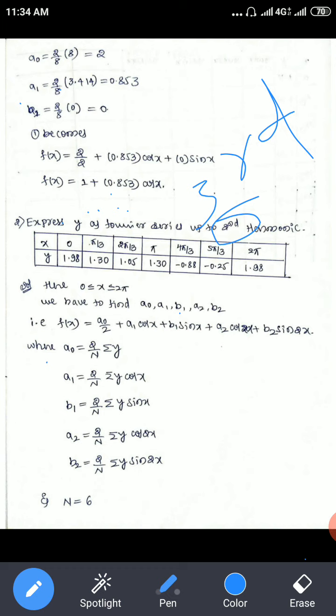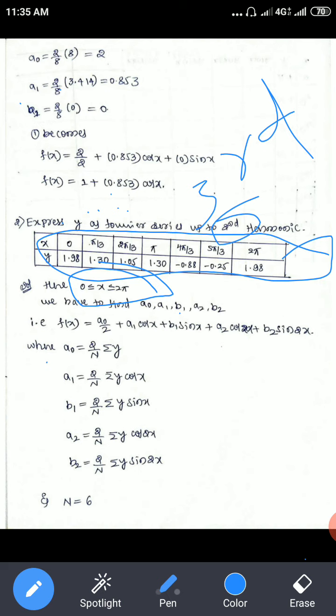The values are 1.98, 1.30, 1.05, 1.30, minus 0.88, minus 0.25, 1.98. This is the respective value they have given you. It is ranging from 0 to 2 pi. Always either 0 to 2 pi or 0 to 360.